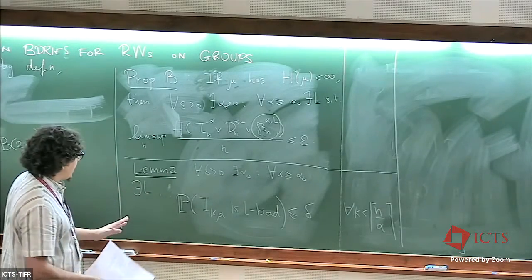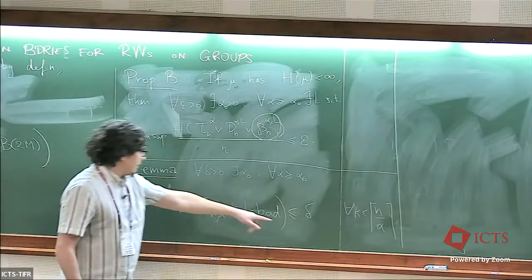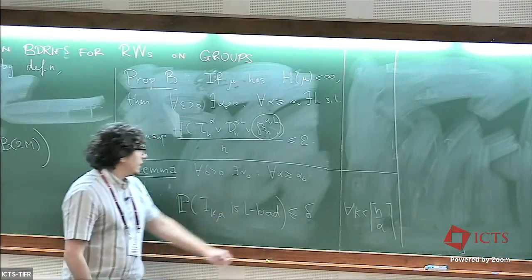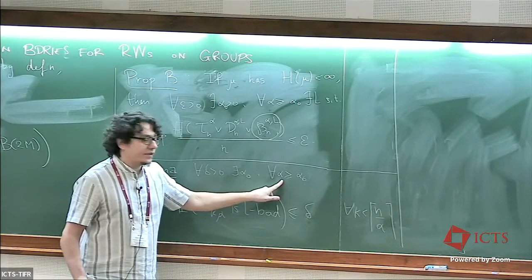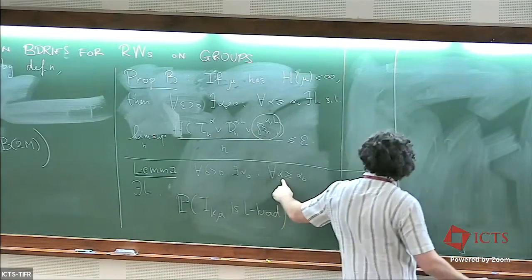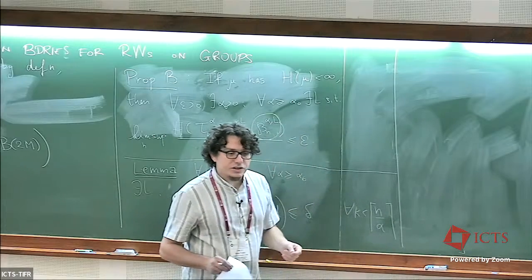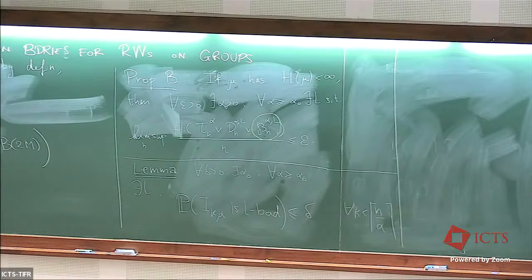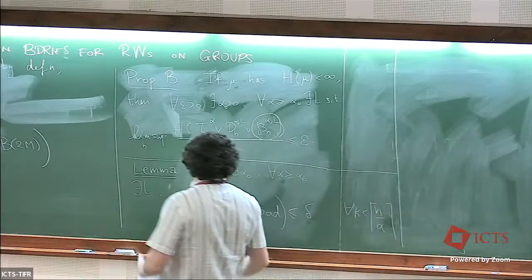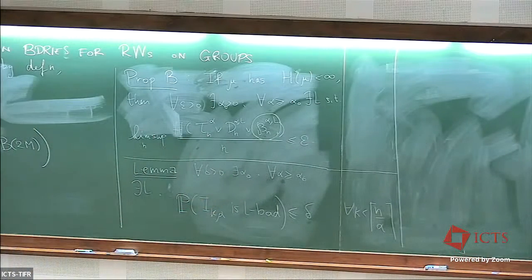You just want to say that if I give you delta, then you can choose this constant alpha. So you think about what happens if the constant alpha changes. Well, alpha is the length of this interval.